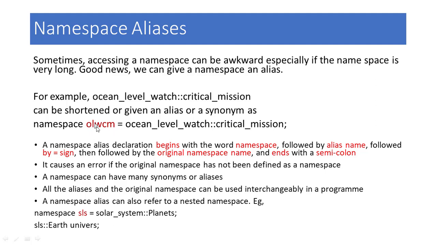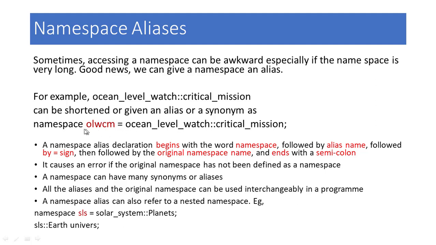That is O for ocean, L for level, W for watch, C for critical, M for mission. You could give it any name. And we say equals ocean_level_watch::critical_mission. In this case, now we have given an alias to this namespace, and the alias is OLWCM.